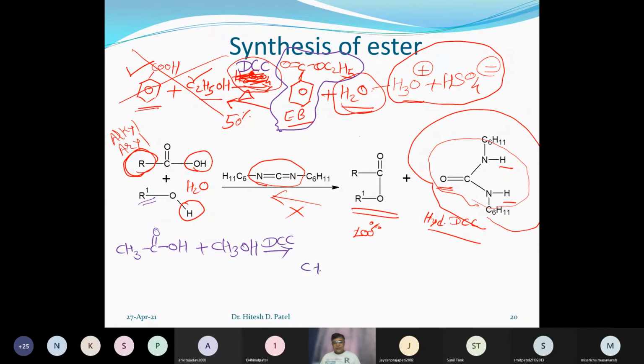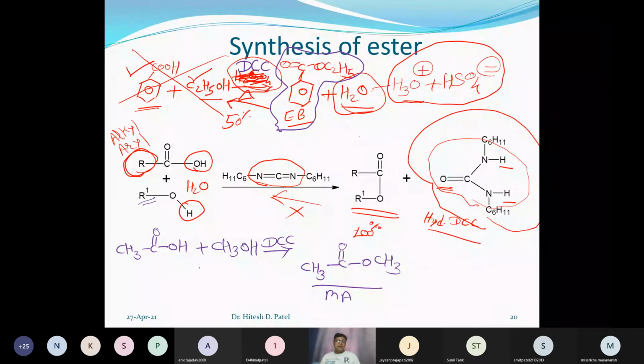We will get CH3 C double bond O O CH3, which we call methyl acetate.